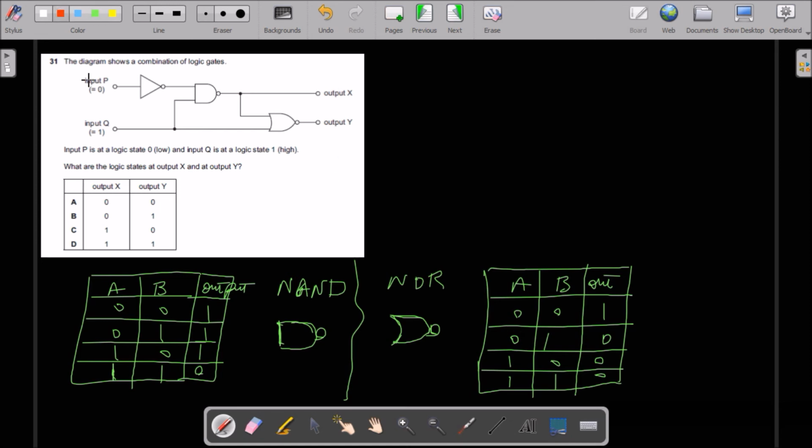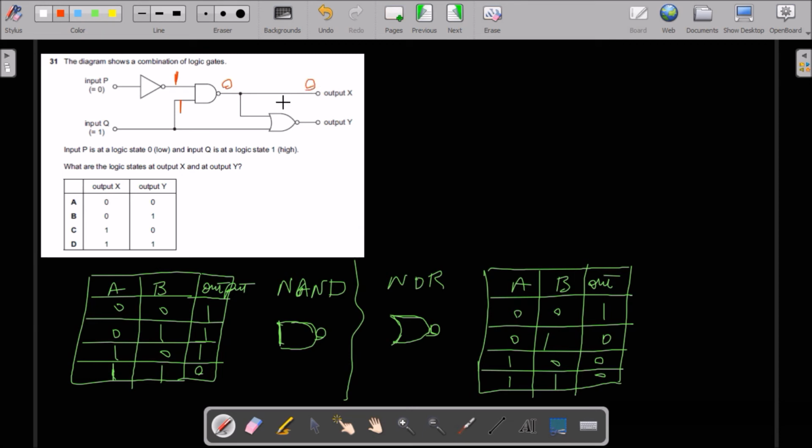Now we solve this question. This is NOT gate. NOT gate means if input is 0, output will be 1. And also from Q we have 1 here. So 1 and 1 come to the NAND gate. You can see 1 and 1, and the result will be 0.